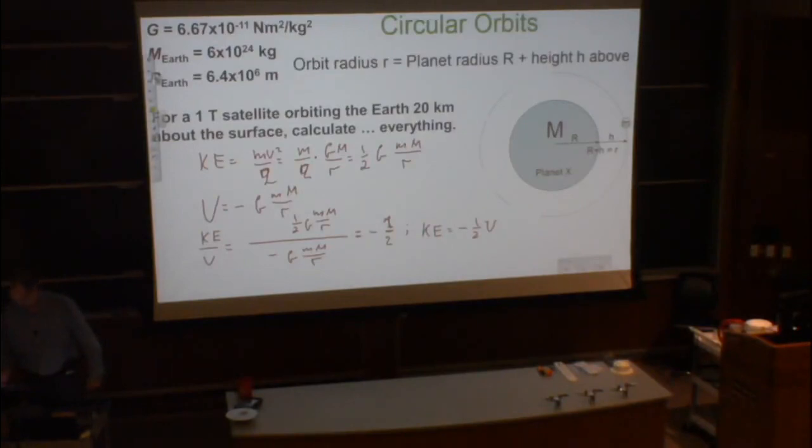And of course, we can calculate total energy if we want to, because total energy, E total, is just kinetic plus potential. We can do it differently, but in this situation, kinetic equals this, potential equals that.